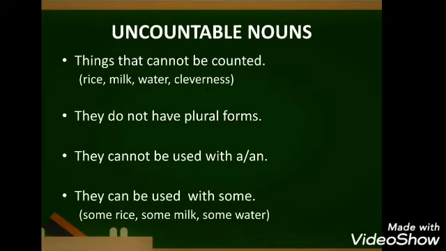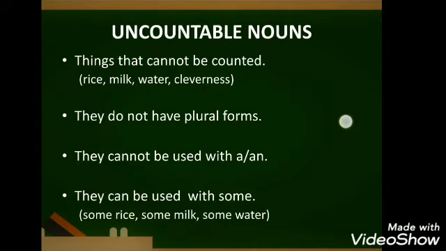So from here, we can get the definition of uncountable nouns. Things that cannot be counted, that do not have plural forms and cannot be used with A or AN are uncountable nouns. For example, rice, milk, water, cleverness, and so on.